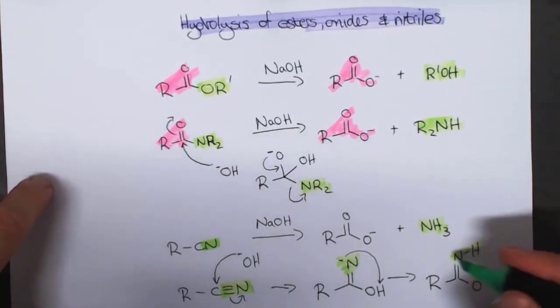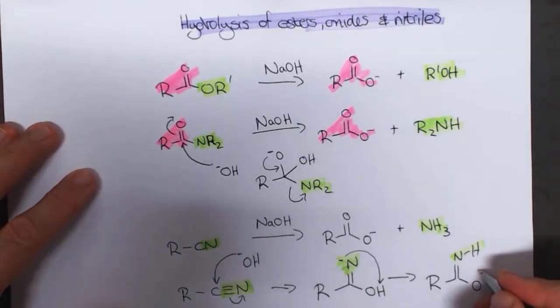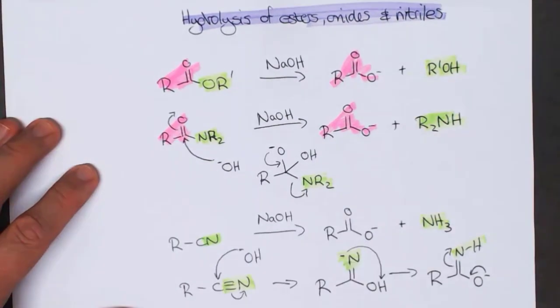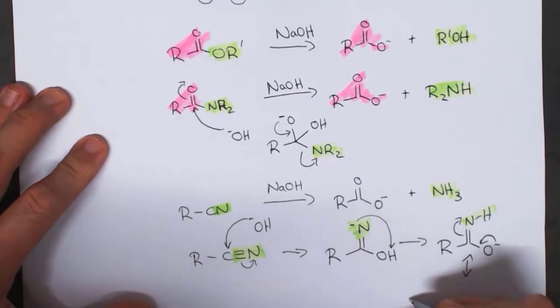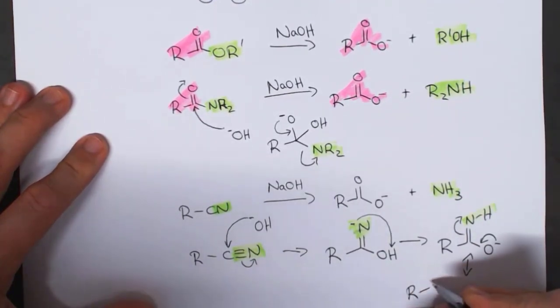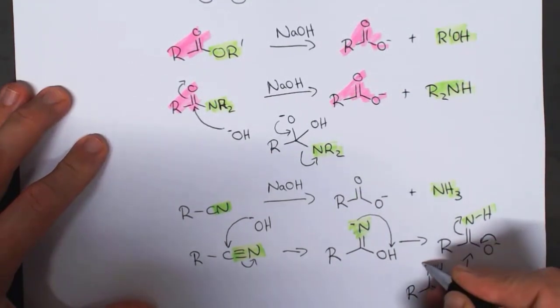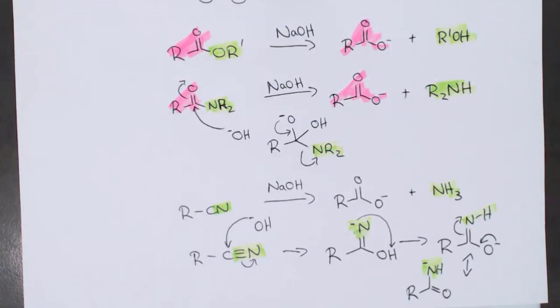And now what we have here is an imine, and the imine can kick its electrons in like that. This is just a resonance form of that, and we end up with this, which is effectively halfway there to what we had before with the amide.